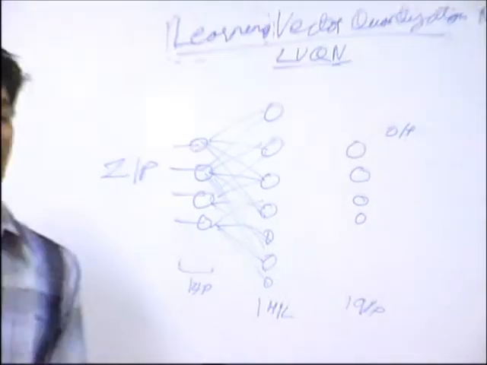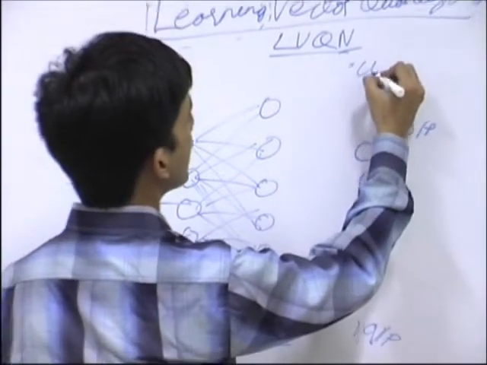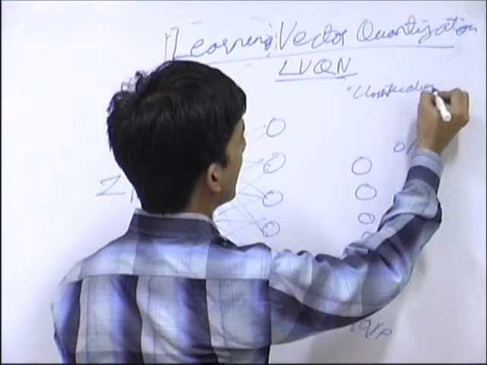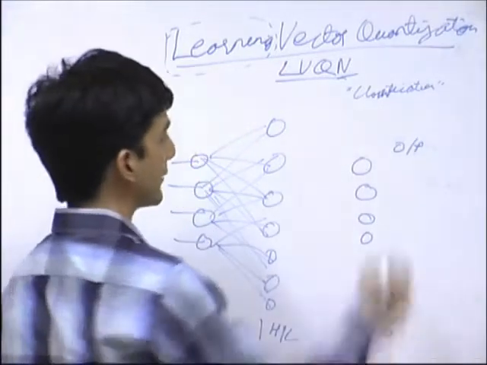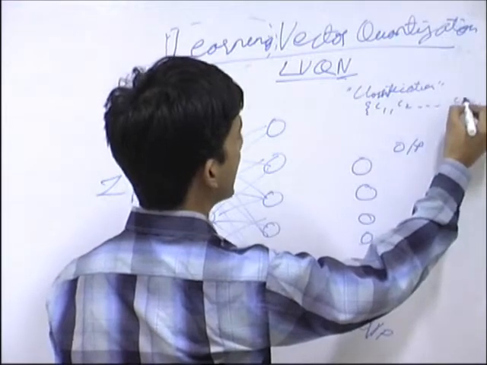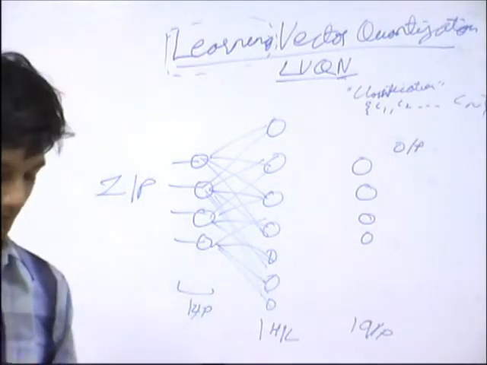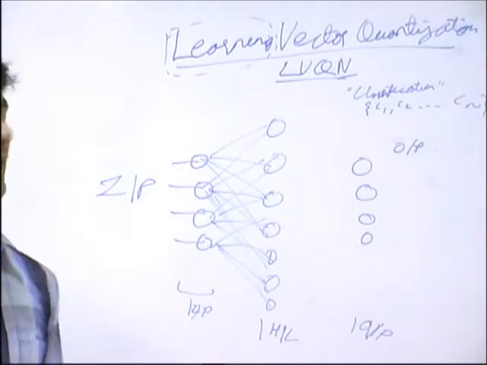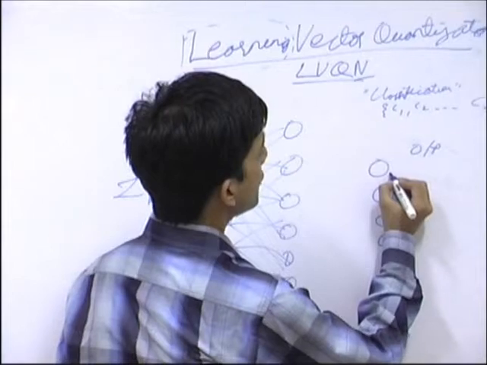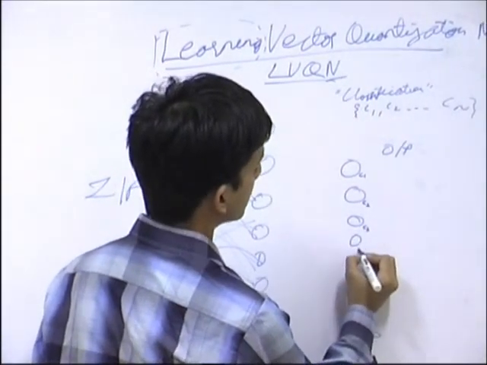Of course, when I say the output layer, considering the fact that this is a classification model where the problem is to decide one out of the classes C1, C2 or Cn, why do I have n neurons over here? The thing is that each one of these neurons represents a class.